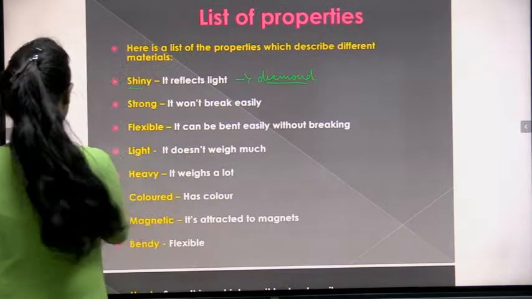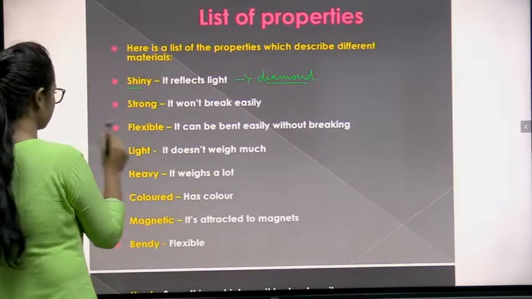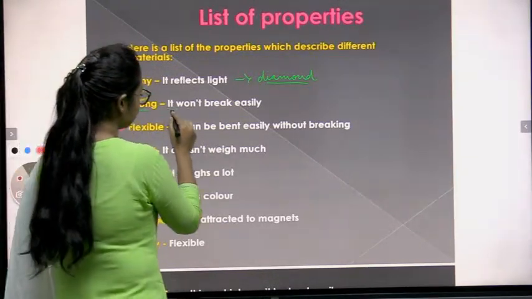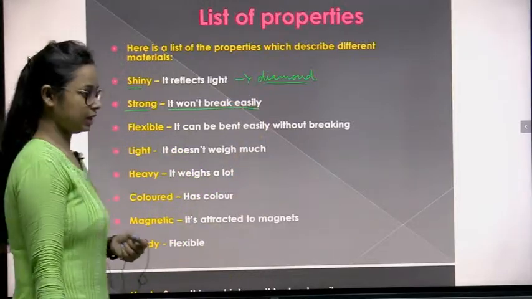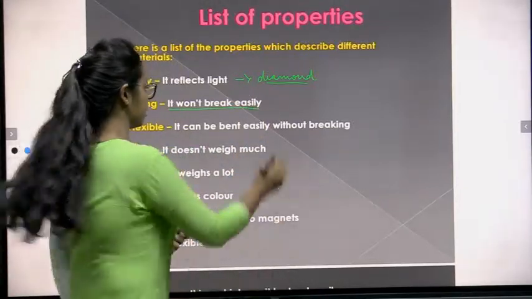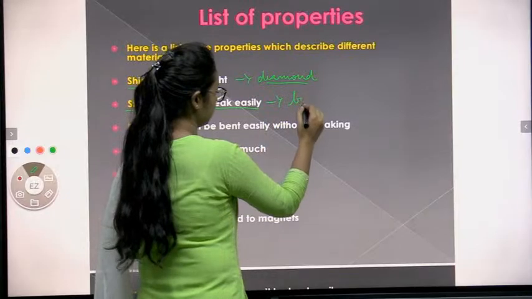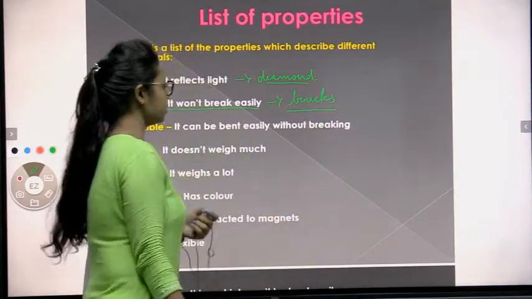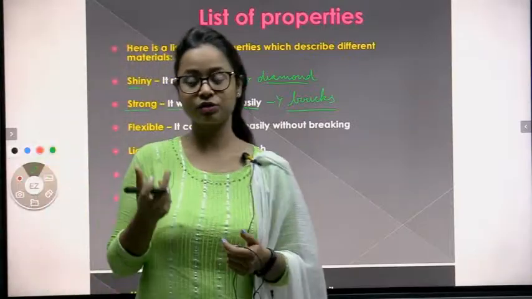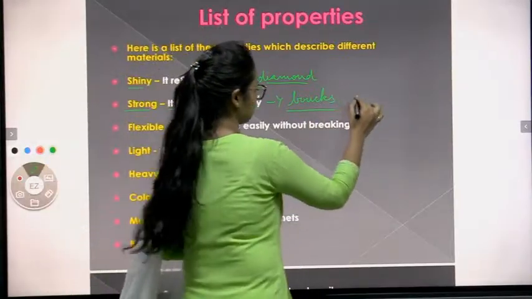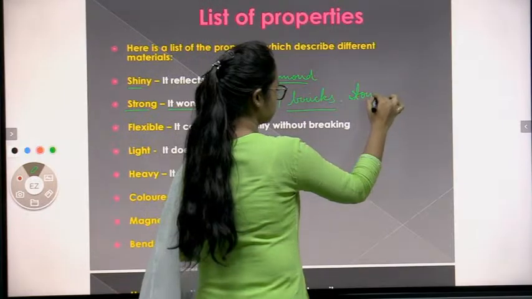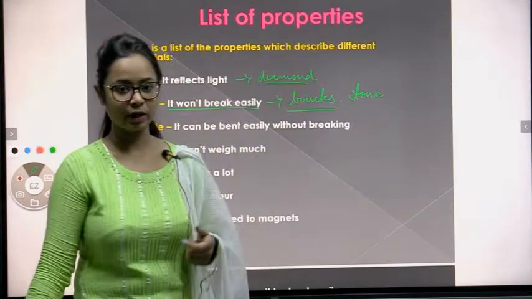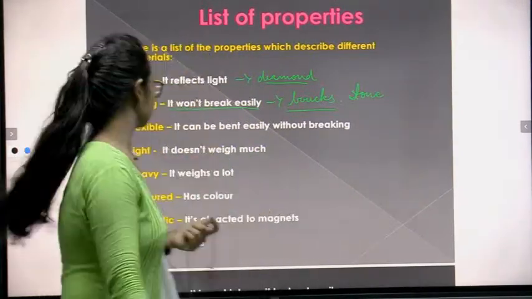Next is strong. That means it won't break easily. We can say bricks. When you throw a brick or a stone, which is also a kind of hard object, it won't break. So that is a strong thing.